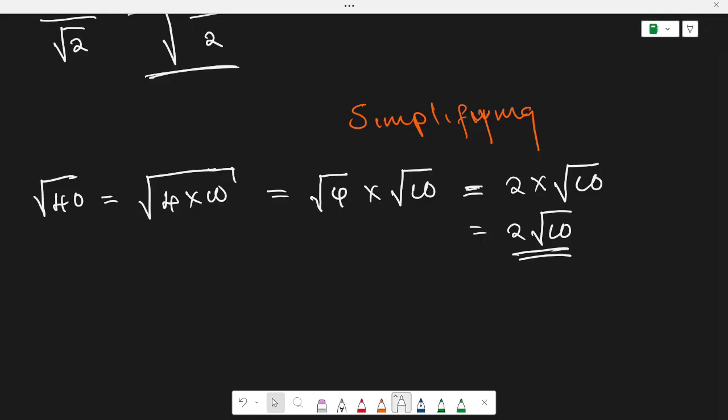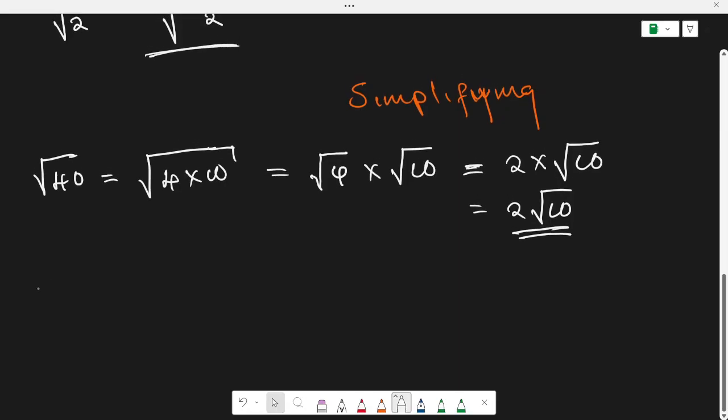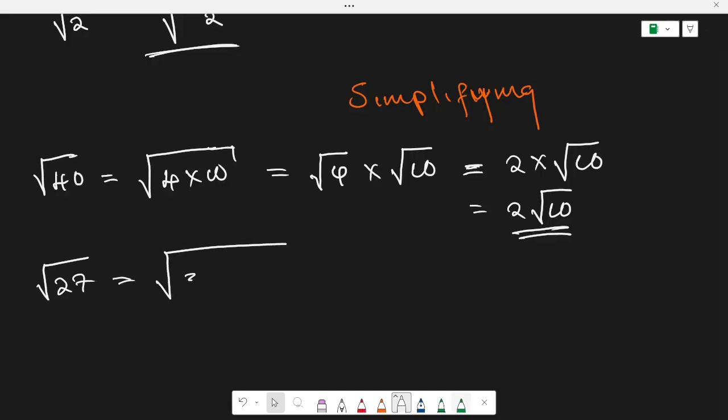Okay. So you need to look out for things like this, how you can simplify a given surd. Let's say you have root 27. This can be written inside the square root as 3 times 9.